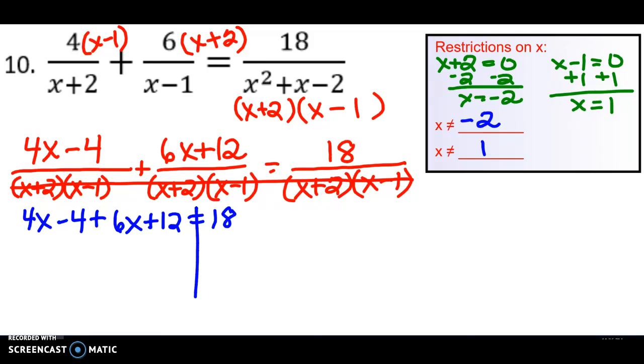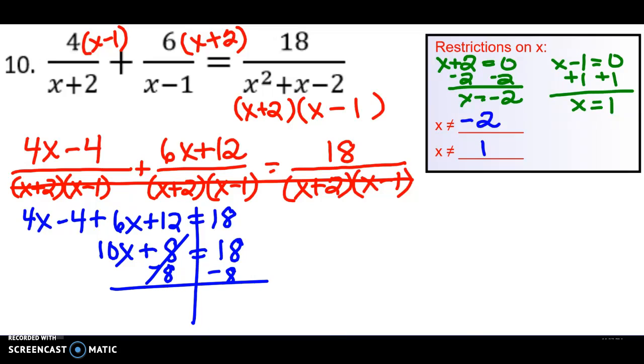So on the left side of the equation, we're going to combine like terms. We have 4x plus 6x, which is 10x. And we have -4 plus 12, which is 8. And that's equal to 18. Now I'm going to subtract 8 on both sides. And that gives me 10x equal to 10. And then when I divide both sides by 10, I'm left with x equals 1.